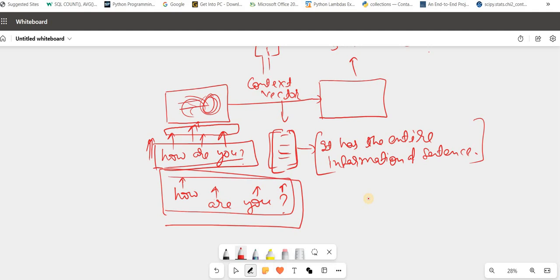First "how" will go, a mathematical operation will happen, then "are" will go, then "you", and then the question mark. After this the context vector will be created. It has the entire information of the sentence. It will be for the complete sentence, not for the words.